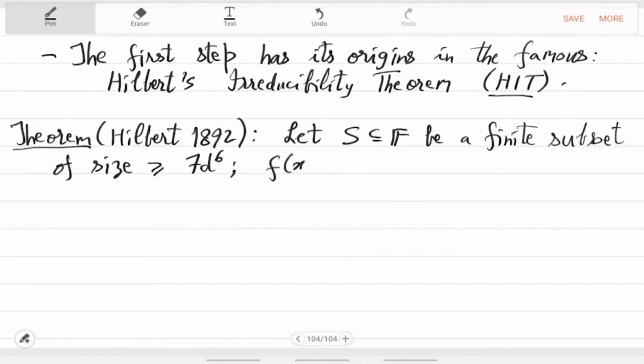F(x, y bar) is a monic polynomial in x. This is again a very moderate assumption. From a general n plus 1 variate polynomial, you can come to this situation where it's monic in x.